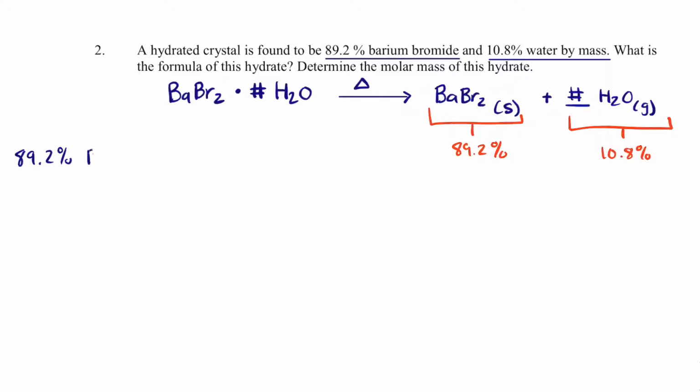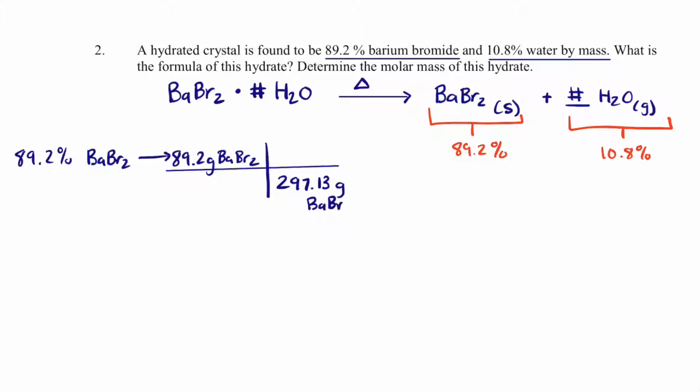So we're going to take 89.2% barium bromide, and I'm going to convert that to 89.2 grams of BaBr2. The molar mass of BaBr2 is kind of a lot. It's 297.13 grams of BaBr2 in every 1 mole of BaBr2.